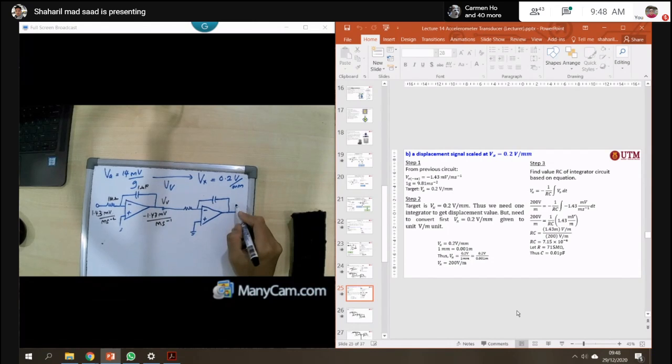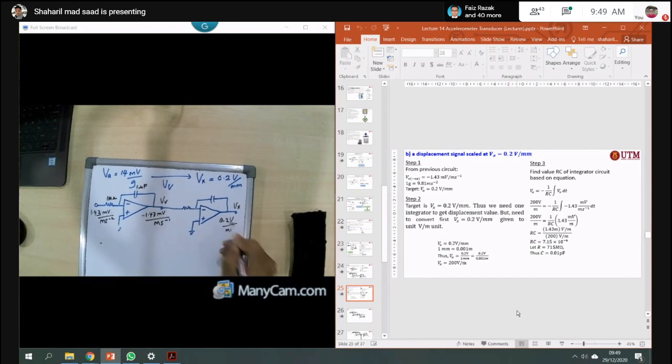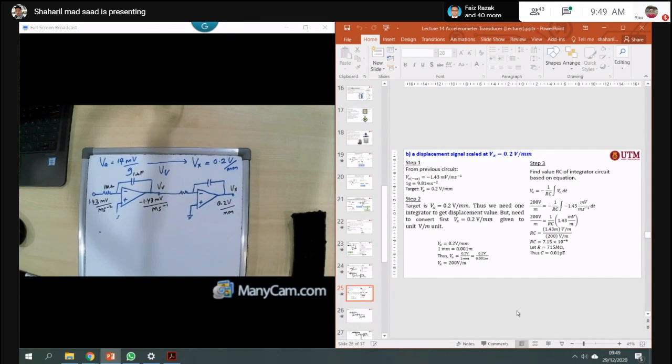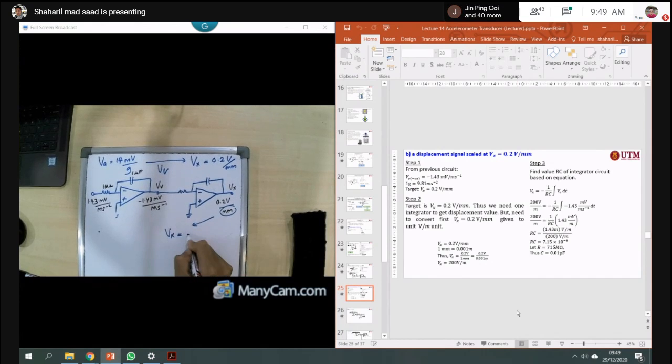So this one is your Vx, and you want to get 0.2 volt per millimeter here. But of course, you need to convert the unit of millimeter into meter. So first, you need to convert this one to meter. Vx equals 0.2 volt per millimeter, and 1 millimeter equals 0.001 meter.